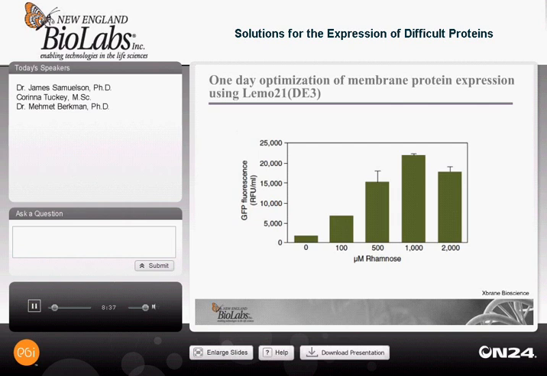At that level, greater than 20,000 units of fluorescence were observed. In contrast, when rhamnose is not added to the culture to moderate expression, less than 2,000 fluorescence units are observed. And although not shown here, when the same construct was expressed in BL21(DE3), only 1,400 units were observed.